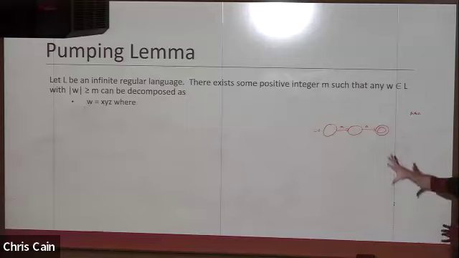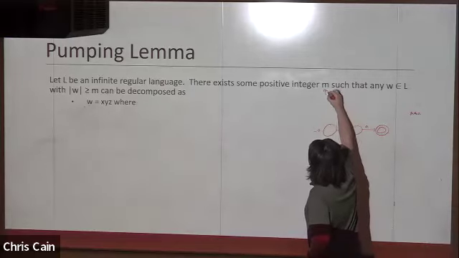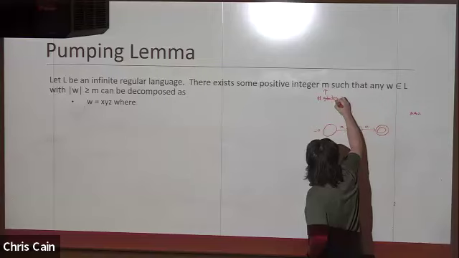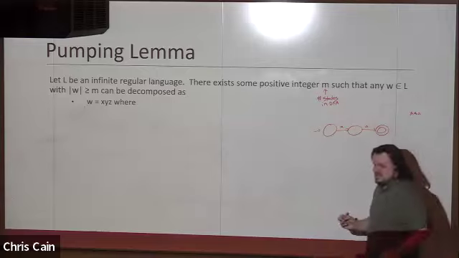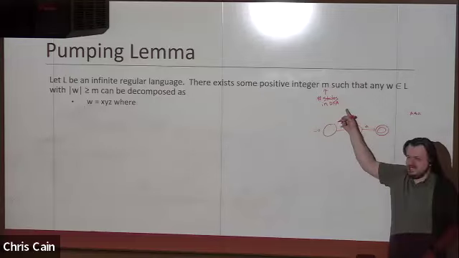So now that we have quite a few symbols on the board, let's actually label them just to make sure. M is the number of states in the DFA. And again, this is a proof by contradiction. No such DFA exists, but we're going to assume that one does. In that assumption, M is the number of states in that DFA.